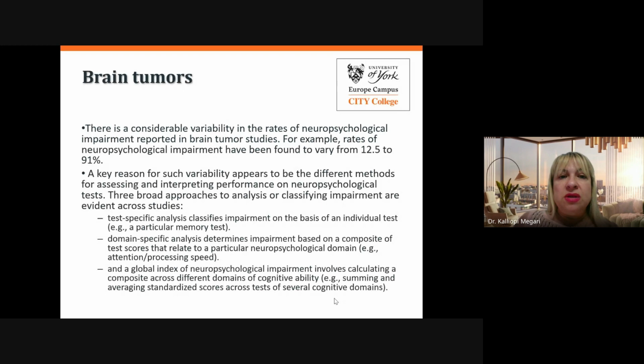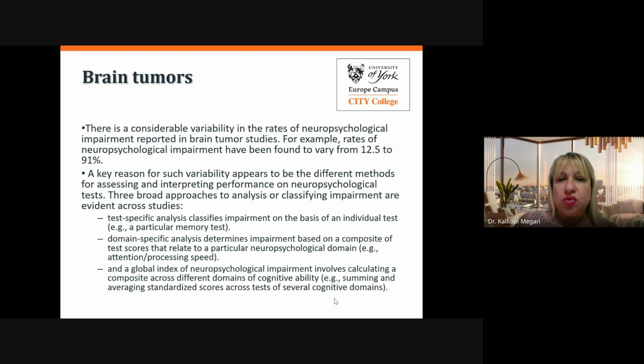There is considerable variability in the rates of neuropsychological impairment reported in the studies. For example, rates have been found to vary from 12.5% to 91%. A key reason for such variability appears to be the different methods for assessing and interpreting performance on neuropsychological tests.